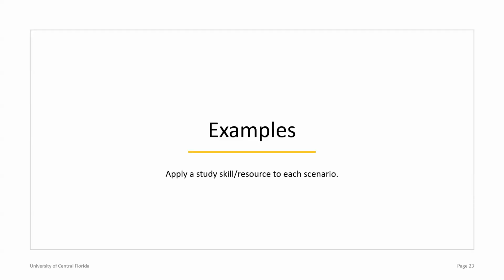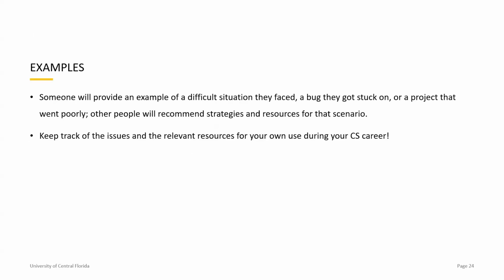So now we're going to do a group activity. I know, I know. All I want you guys to do is provide an example of some situation you faced thus far in the major, whether that's a difficult assignment, project, or exam, and tell us why it was challenging.